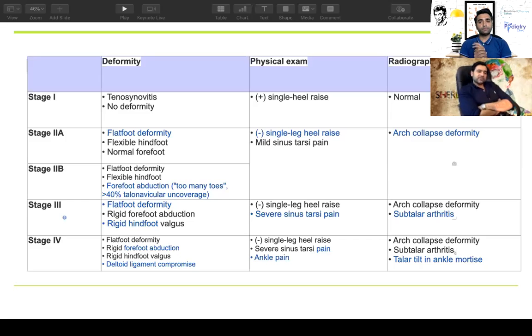So I tend to see a lot of stage 2B, 3. That's where I normally see them. And it's very important to say that I often get them to do single leg heel raises, and I'll count how many they can do on one side and how many they can do on the other side, without them cheating and without them using their hips.